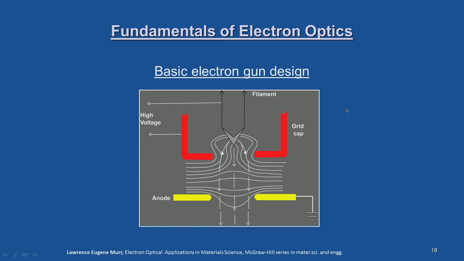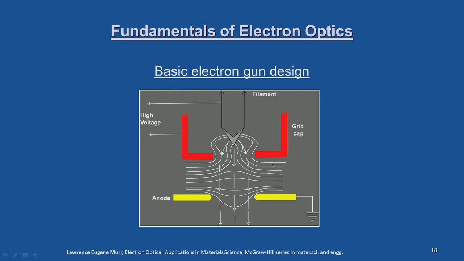First we will look at the electron gun. You see that this is a typical schematic of electron gun design. You have the filament, and then you have the cylinder, called a Wehnelt cylinder. The grid gap is there, the filament itself is a cathode, and then you have the anode. Then you see that the field strength is a kind of converging.